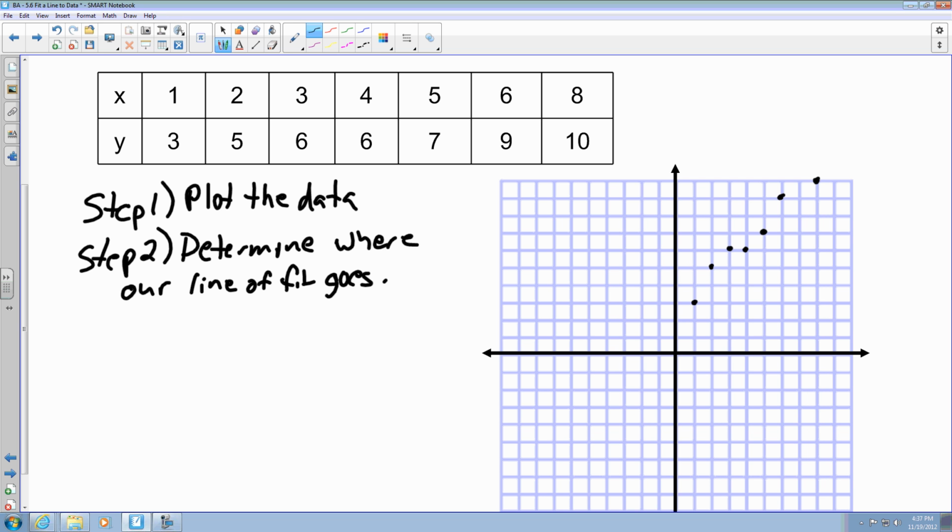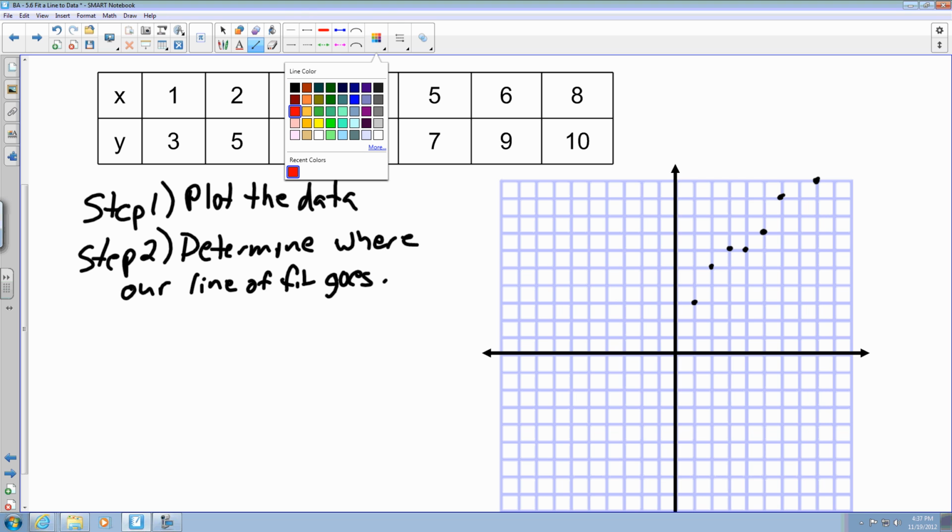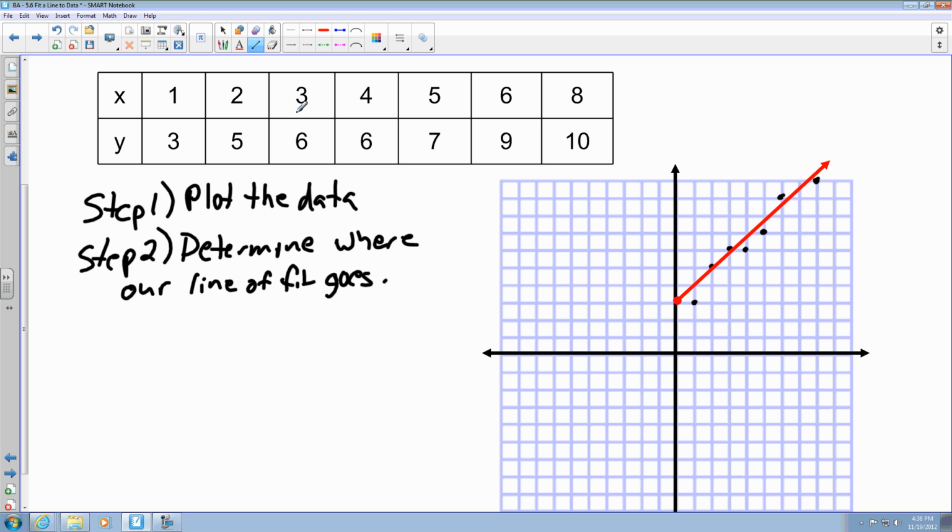So I'm going to do the best that I can to make a line here. I'm going to make it red, and see how close I can get this. We'll say that's close enough.